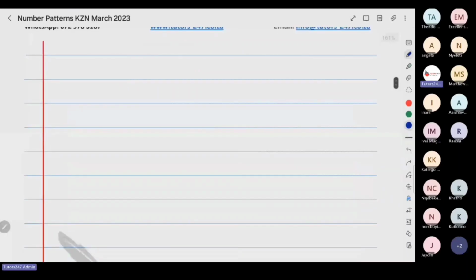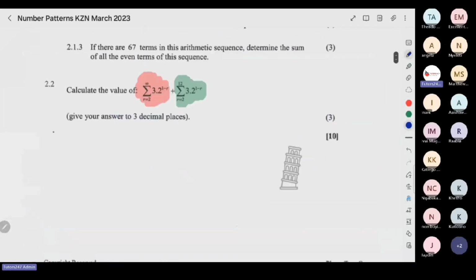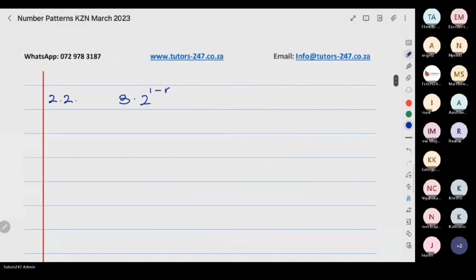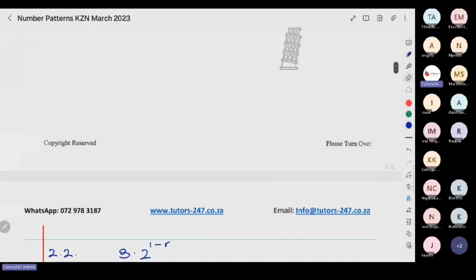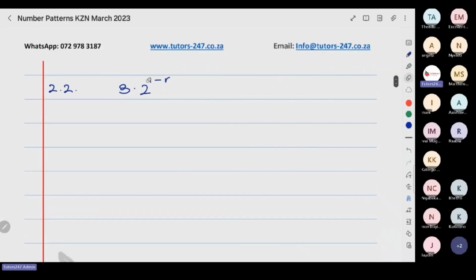So question 2.2. So we had 3 times 2 to the power 1 minus R. Let me confirm. Yeah. So from here, R started at 2. So I'll substitute 2, wait, R is at the back, sorry.